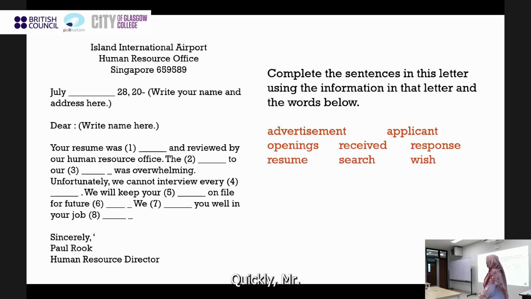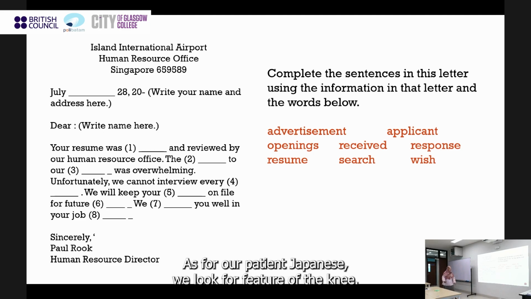The letter to our HRD. We will keep your digital file for future response, or for future openings.